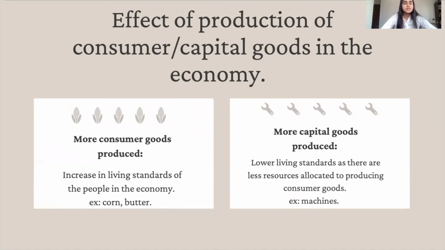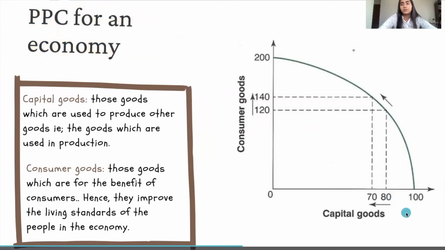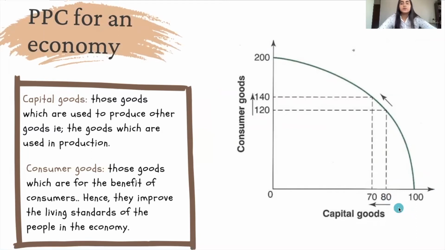But in the short term, the consumers' living standards would decrease because those resources which are used to produce consumer goods are also being used in producing capital goods. Therefore, it depends upon where you are on the curve. Like if you're at 100 units of capital goods, then you have zero living standards or really low living standards for the people in your economy.